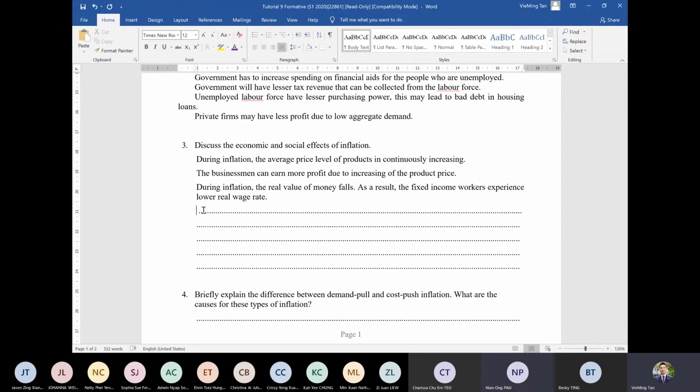So who else are going to have impact during the inflation? Debtors, because the real value of money falls and it reduces the value of repayment. Correct. So, good point.